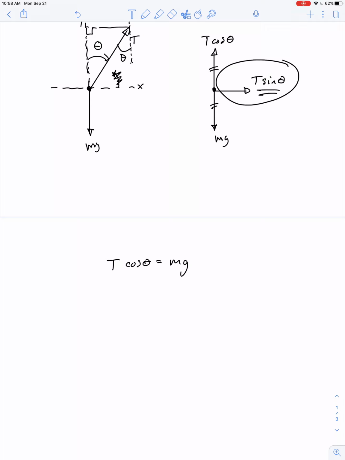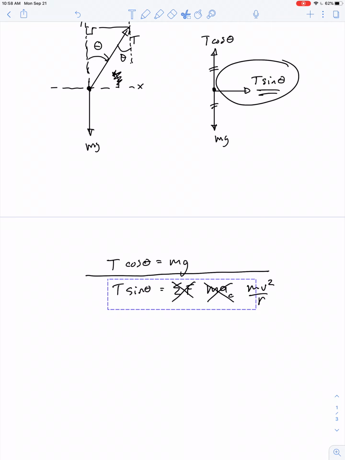So the net force, the amount of unbalanced force in this case, is T sine theta, but we get to replace that with ma. But this is a centripetal acceleration, so we can actually replace this with mv squared over r. So what I'd like to do is divide one equation by the other. Actually, let me rewrite it so that we have sine over cosine.